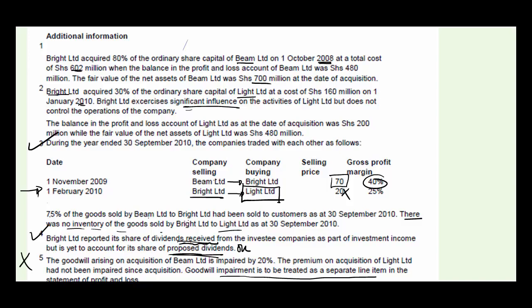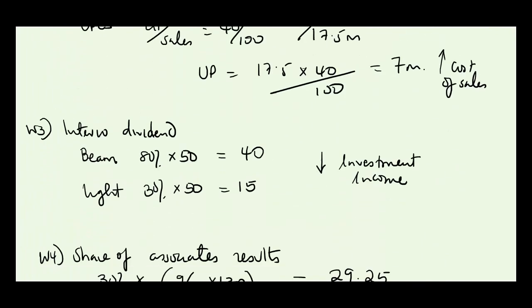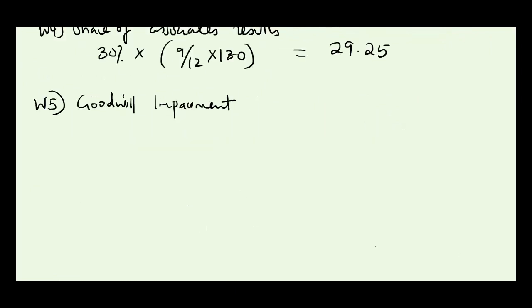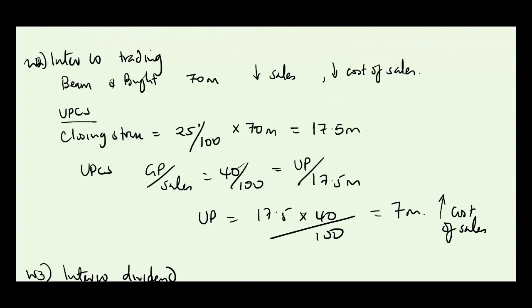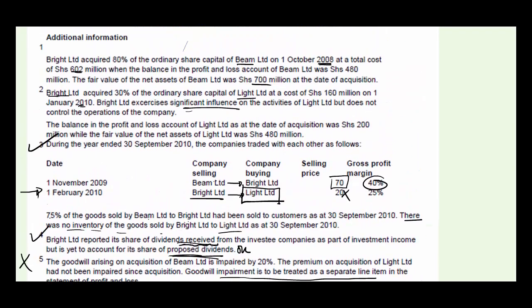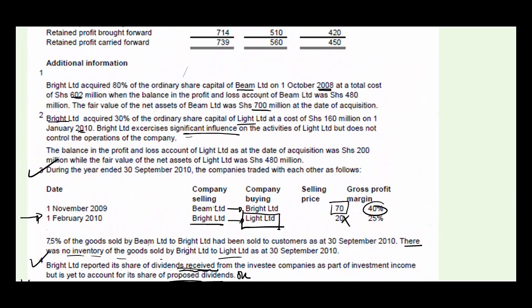Okay. So in this question, we'll be using the full goodwill method. So first, let's compute goodwill. So we'll look at the fair value of consideration that we paid. What was the fair value of the consideration? It was given to us in note 1. We paid 602 million.